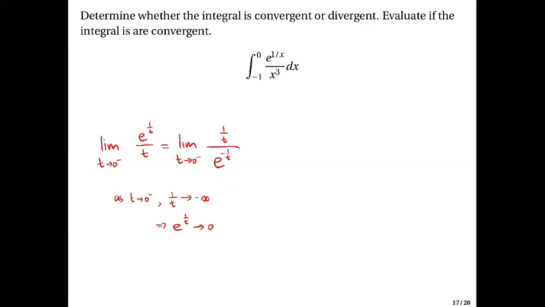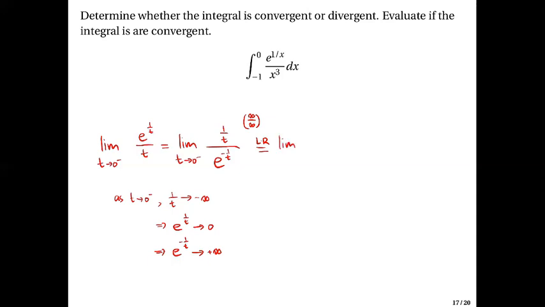So what about this? Again, 1 over t will go to negative infinity. Here, e raised to negative 1 over t will go to plus infinity. Therefore, this now is of type infinity over infinity. So we can still apply L'Hopital's rule. But in this form, we have a better answer. Why?